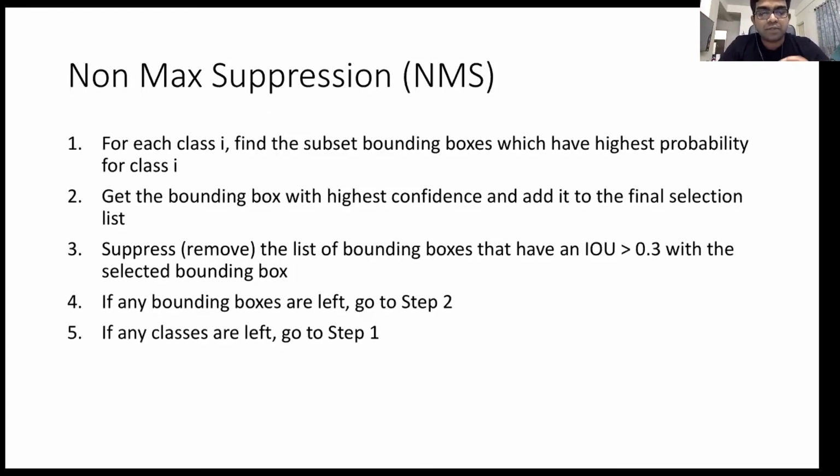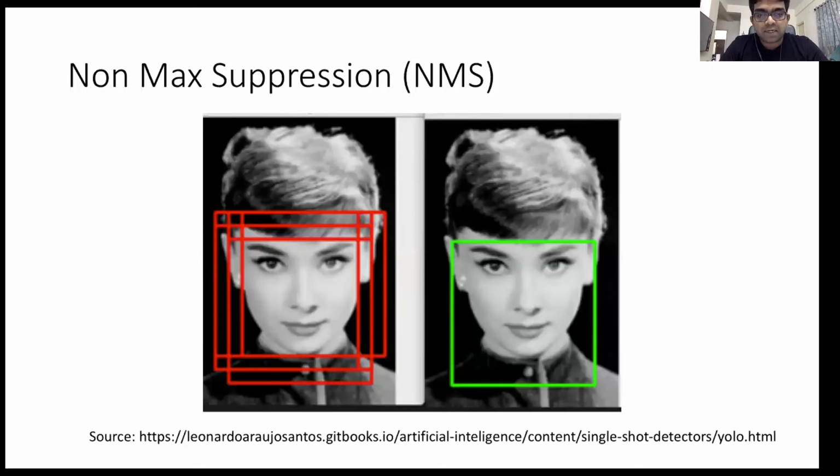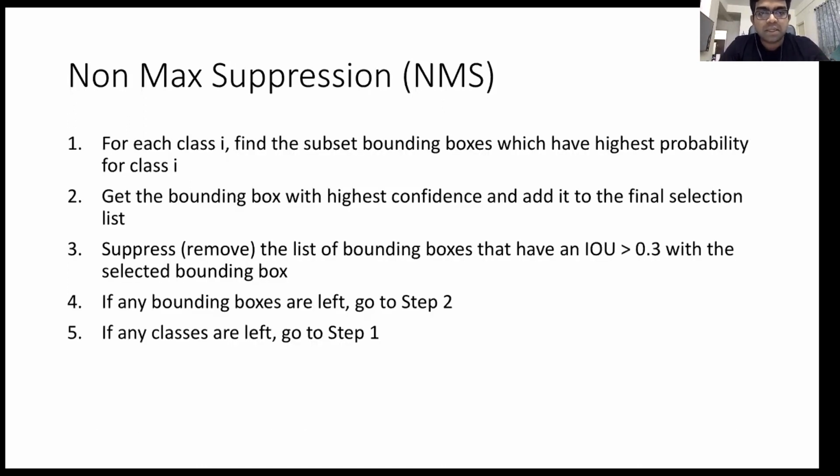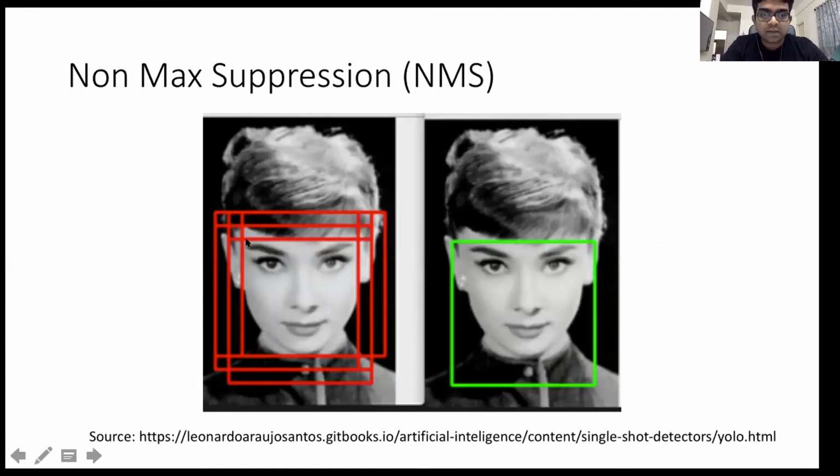And the algorithm to do that is, let's say in this example, we have only one class, which is person. We find all the bounding boxes that identify a person. Now, we get the highest confident bounding box. In this, we have 4 bounding boxes. We pick this green one, which has the highest confidence.